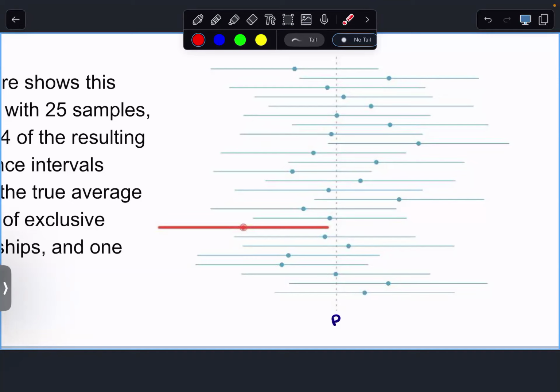All of these are p hats. Our sample proportions are not exactly going to be the same as the population proportion, but we expect them to be hovering around the population proportion, right? All of these little dots are sample proportions. Then we built a 95% confidence interval.